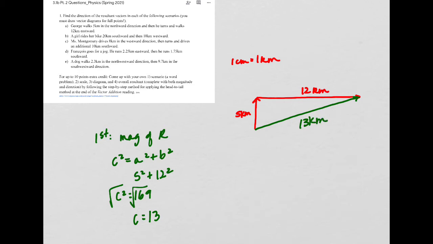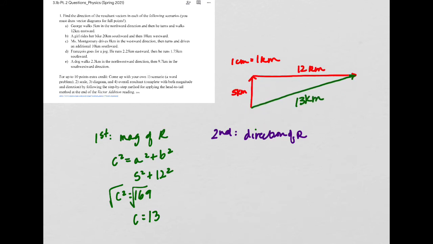All right, but I'm not done. Now I need to use the trigonometric method to find the direction of r. So let's move this up and over. What we're going to do now is find the direction.